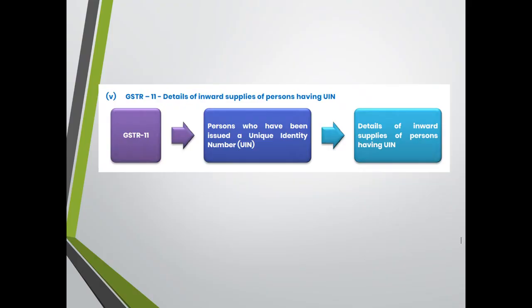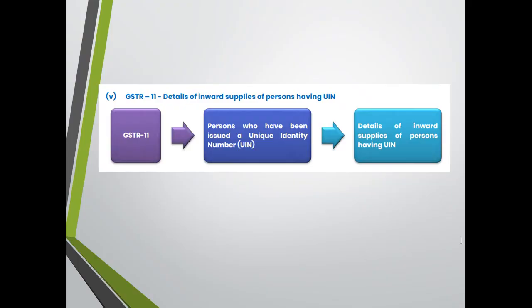So my humble request to all my dear friends: you type all those returns that have been discussed till now. Already I have discussed GSTR 1, 1A, 2A, 2B, 3B, 4, 5, 7.